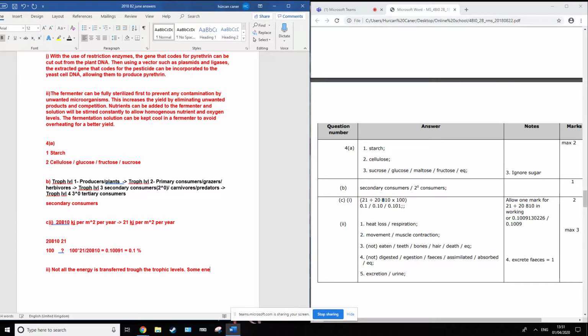Some energy will be lost through respiration, movement, and excretion. Excretion, we don't mean feces.